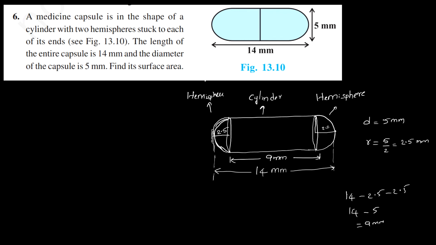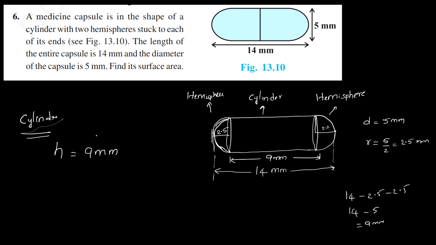Okay, now I'll write the dimensions. See here, coming to the cylinder part, the height is 9 mm. Cylinder height is 9 mm, and here the cylinder is joined with the hemisphere, so they will have the common radius.